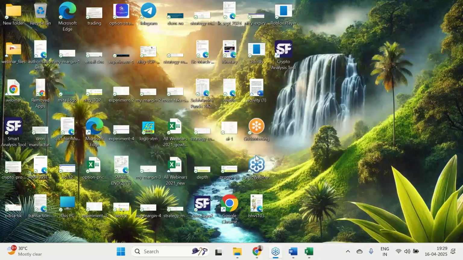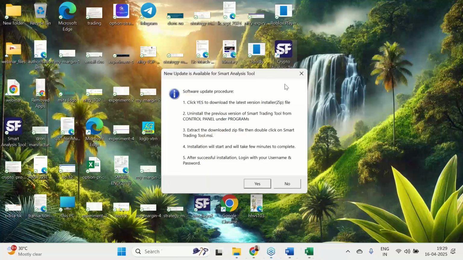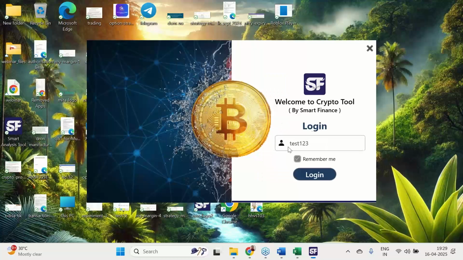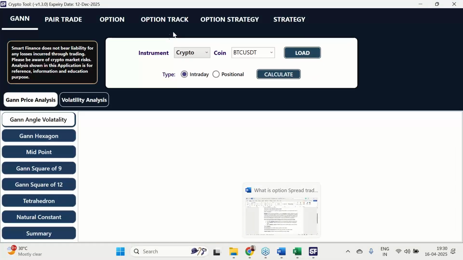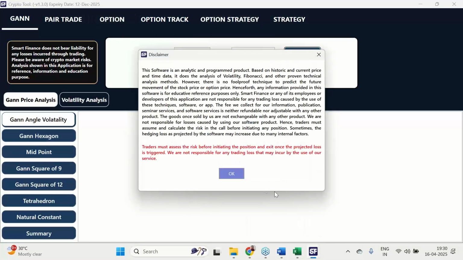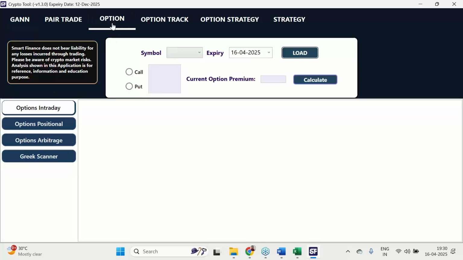try this. So option arbitrage will give you great help in forming the spreads. This is the first part. Here, options, the disclaimer comes to the option. I'm using BTC.